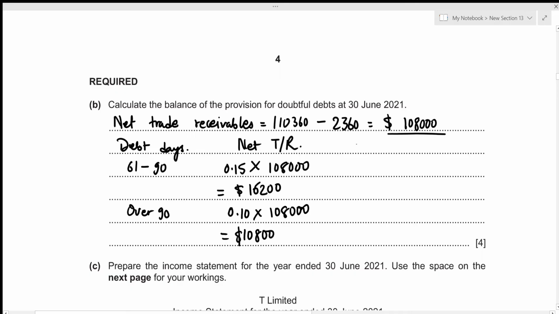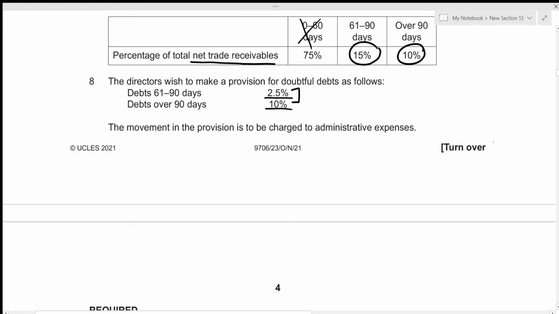Now we figure out the provision for doubtful debts. So let's have a look at the rates. For the debts between 61 to 90 days, we will be multiplying it with the rate of 2.5%, whereas for debts over 90 days, we will be multiplying it with the rate of 10%. Let's do that.